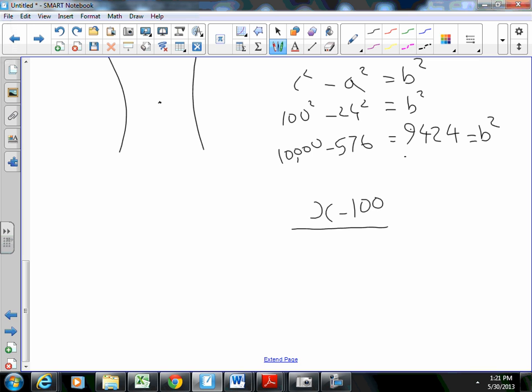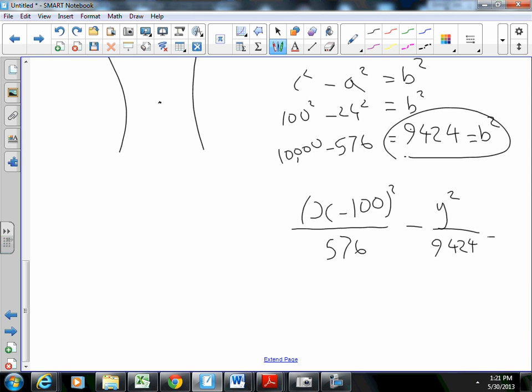You can write 24 squared or 576, whatever you want. And then subtracted y squared, that's the other coordinate point, that would be 0, so it's y minus 0, actually this should be squared, and that's divided by b squared, which we said already was 9424. And that should equal 1. So that's the equation of the hyperbola.